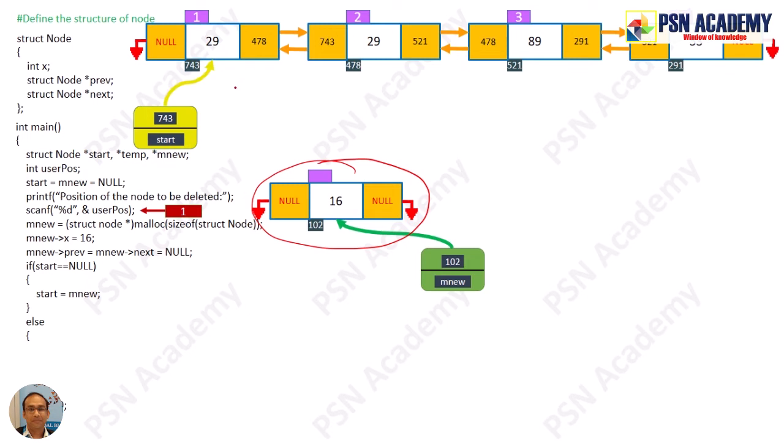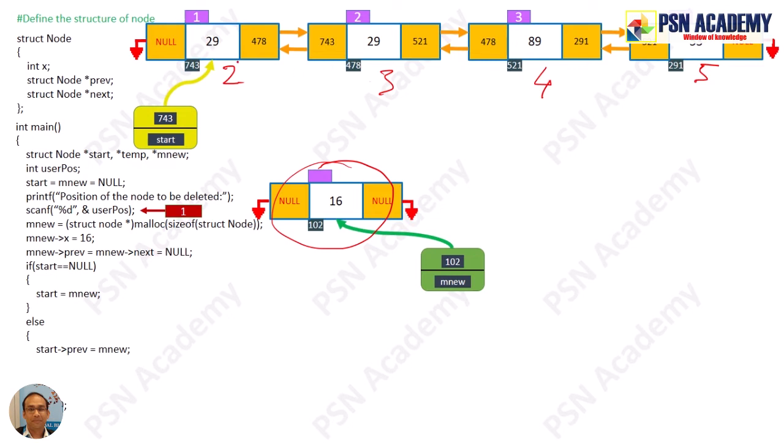Then what should we do? We write start PREV equal to mnew. Why? Because if you want this node to be the first node, then this node will be the second node, this will be the third, this will be the fourth, and this will be the fifth, right?